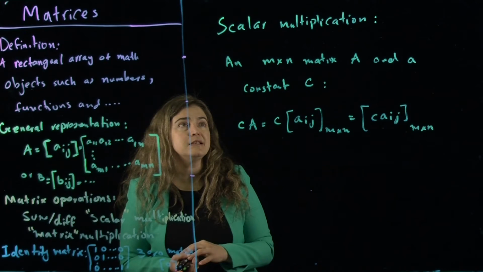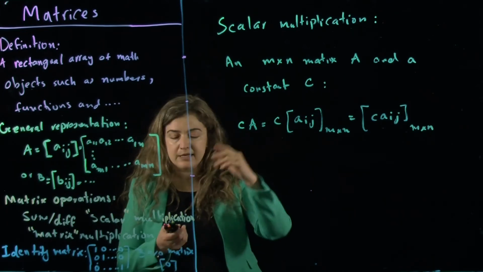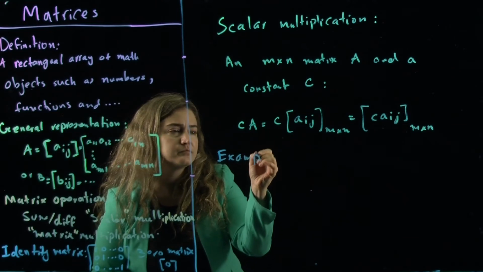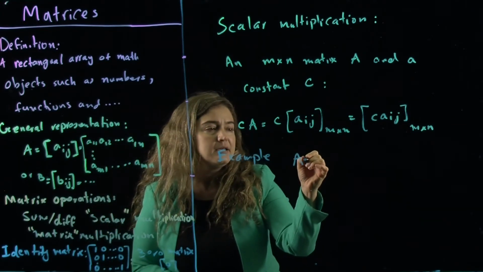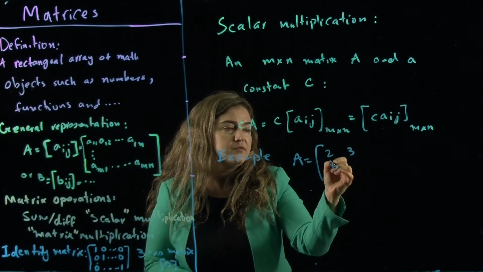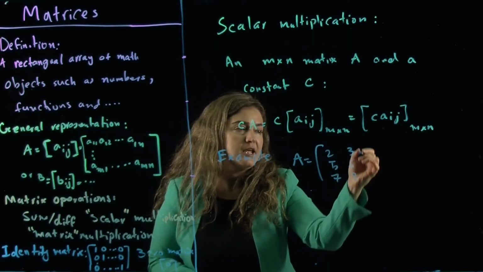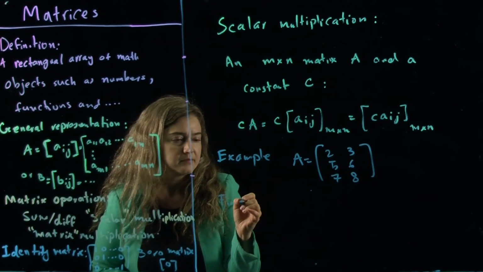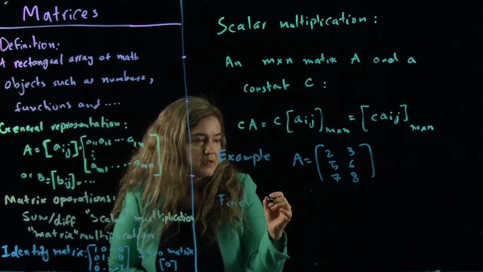So the next thing that I want to discuss is an example. Let A be 2, 3, 5, 6, 7, 8. Find 3A.